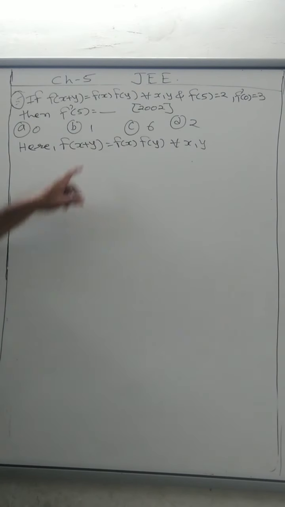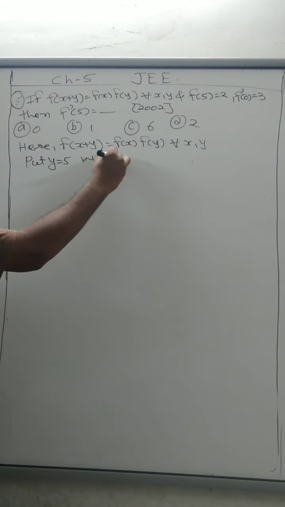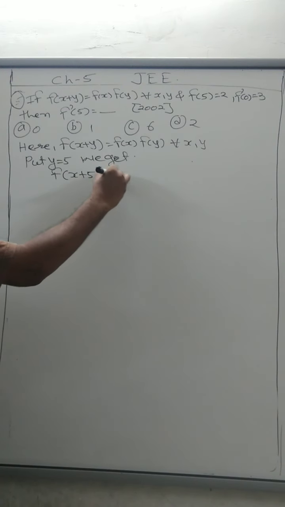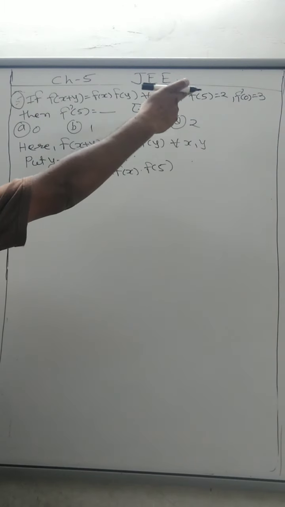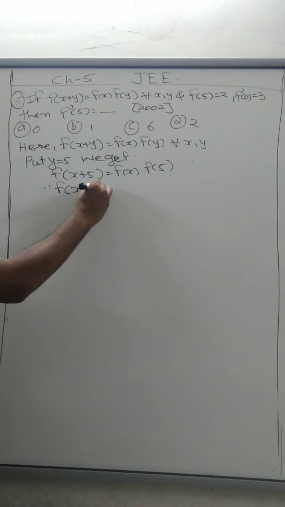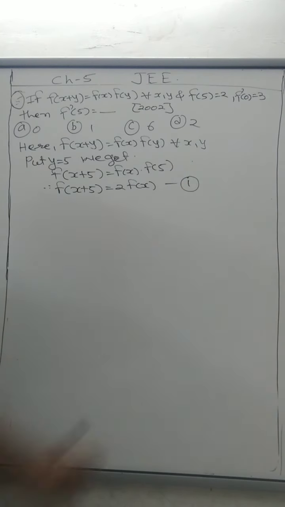Now we put y equal to 5, we get f of x plus 5 is equal to f of x into f of 5. Now f of 5 is given as 2, therefore f of x plus 5 is equal to 2 f of x, which is given. So this is our first result.